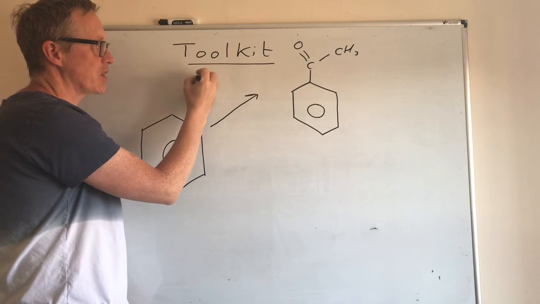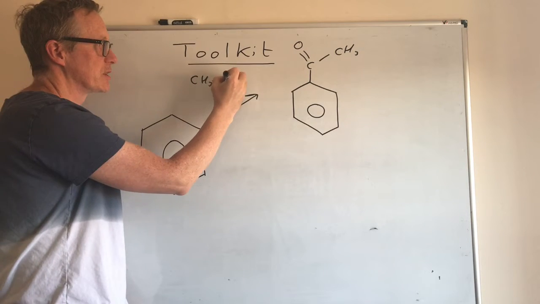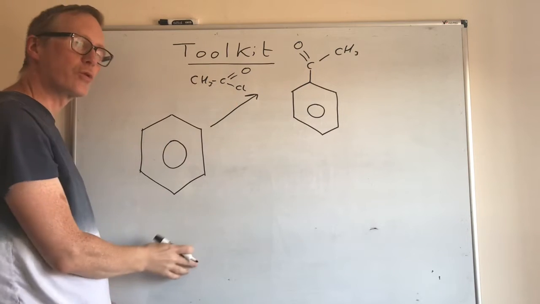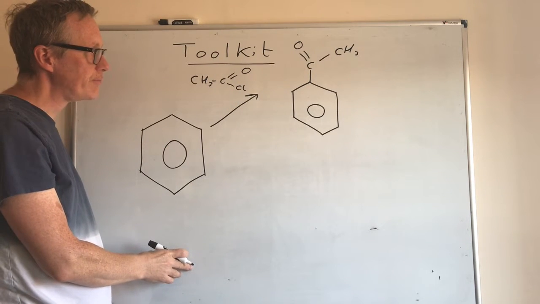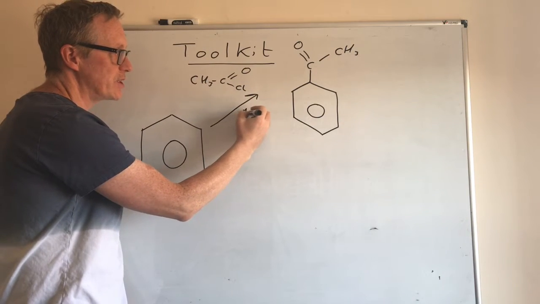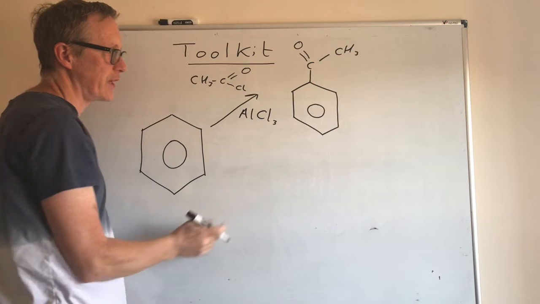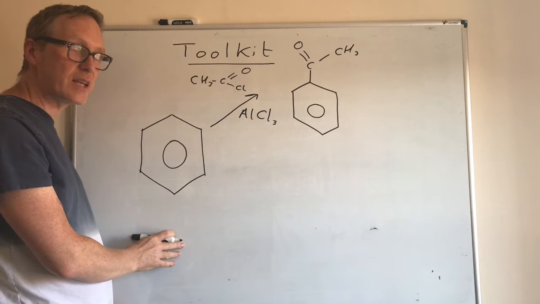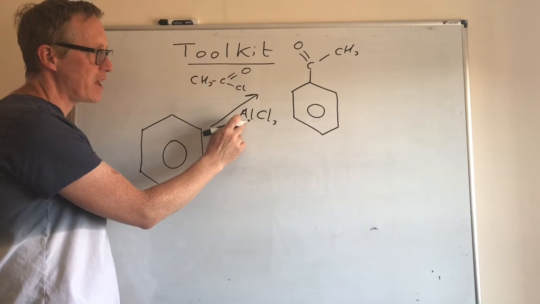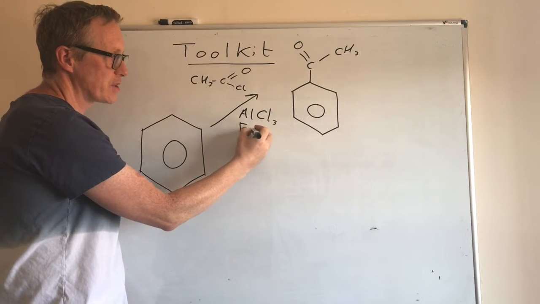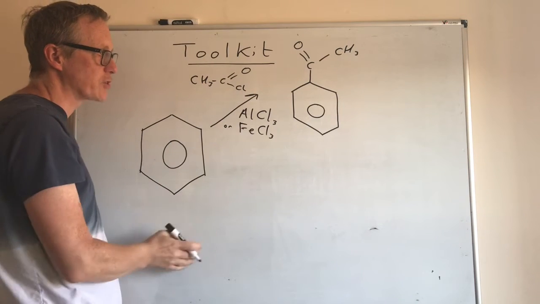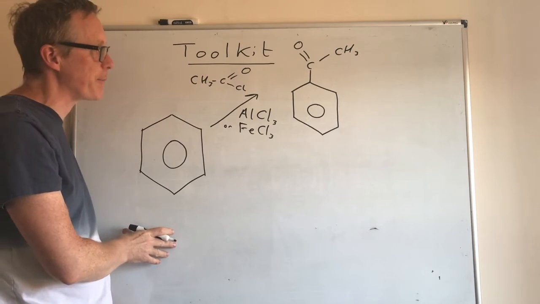And the answer is, I would need CH3COCl, called ethanoyl chloride. I also need a catalyst, and the catalyst that I would have to use is AlCl3. Now other catalysts or halogen carriers can be used, such as FeCl3, that's another option, but I have chosen the AlCl3 for my diagram.